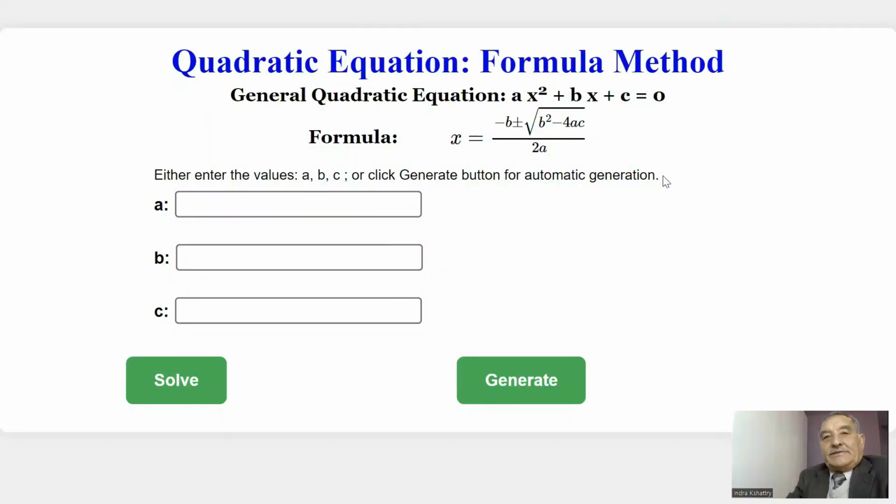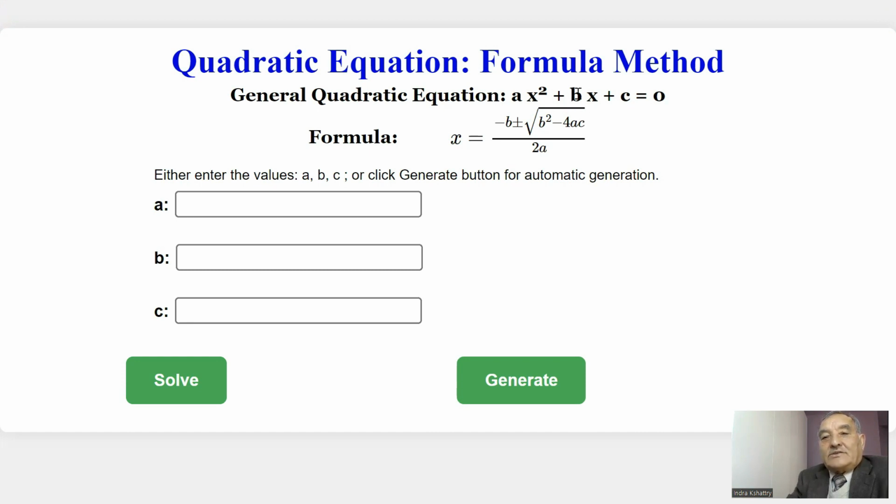This is the page, and this is the equation ax squared plus bx plus c equals 0 to solve using this quadratic formula. These numbers a, b, and c are called the coefficients of the equation.